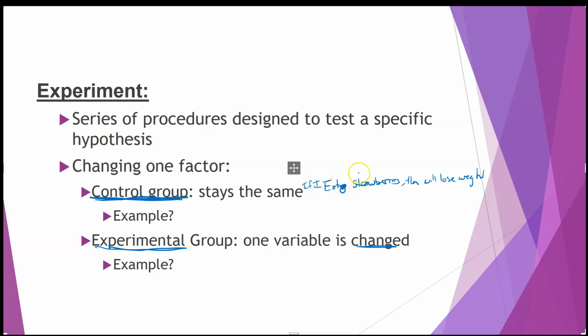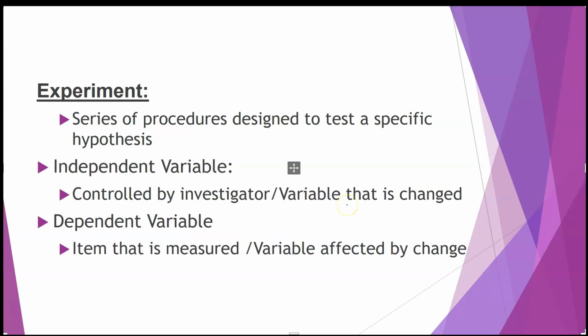This is a little freestyle comment. The control group is going to stay the same. So if we have two groups of people, one group gets no strawberries. That's the control group, the group of people where they stay the same. The experimental group is going to be the one where we change one variable. What's that variable going to be? Eating strawberries, right? They're going to be the different group.